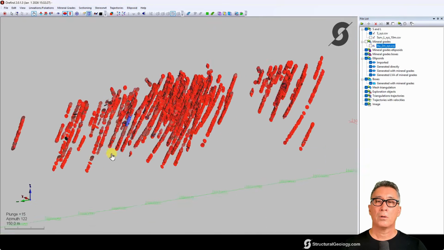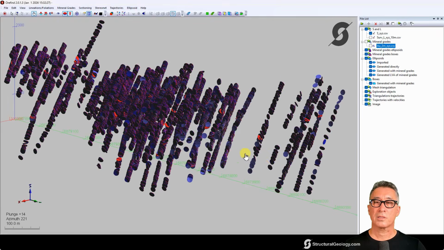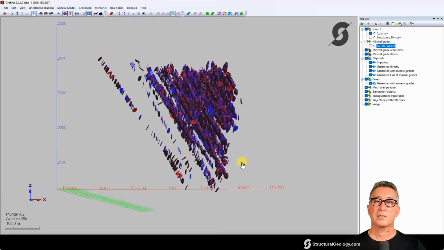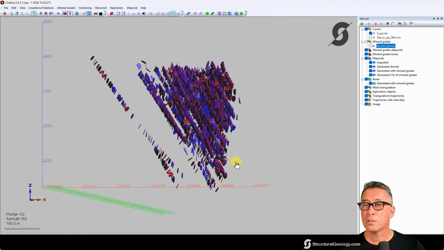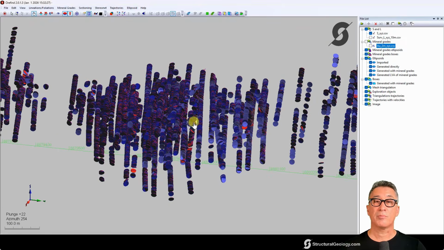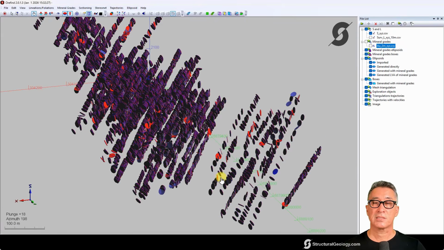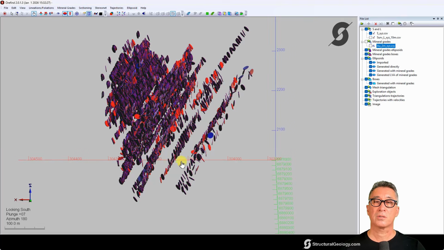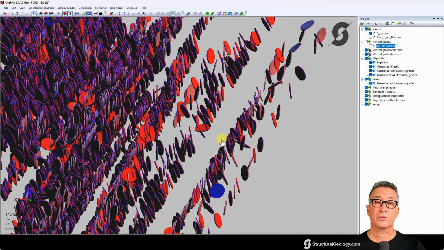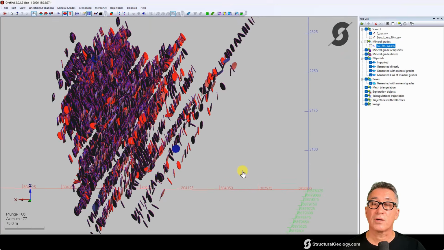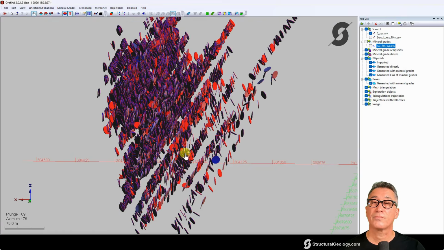I'll just turn the grades off so you can see the foliation values. Okay, they look pretty consistent, don't they? You can clearly see that these are all dipping steeply towards the west, and pretty consistent. So this is a good sign that we have a good data set where there's not a lot of rotation, although we can take a look at individual holes to see if there are any signs of rotation.